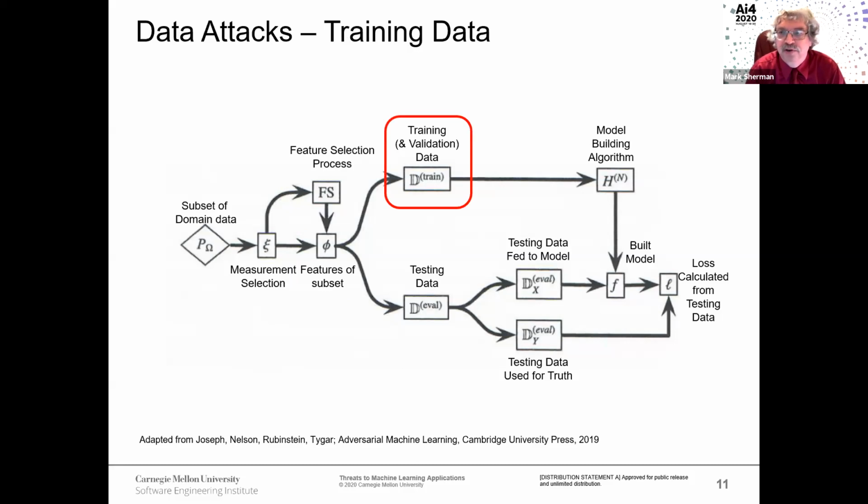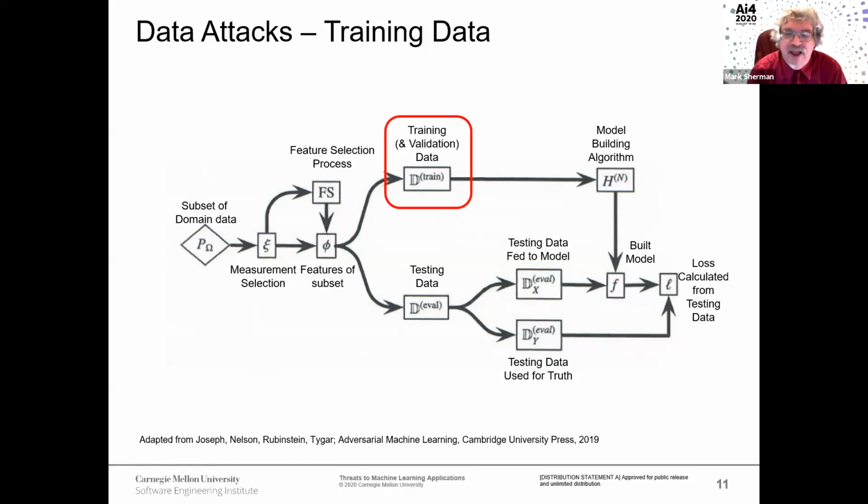Once you have a collection of data, pictures of oranges and bananas, you actually split that into two parts. One part you're going to use to teach the system to recognize oranges and bananas. The other one you're going to use, as we'll see later, in order to evaluate how well it makes that distinction. If your training data is not representative of the domain, if you pick something that's not really the same collection of oranges and bananas, then the system is going to recognize something that's very different.